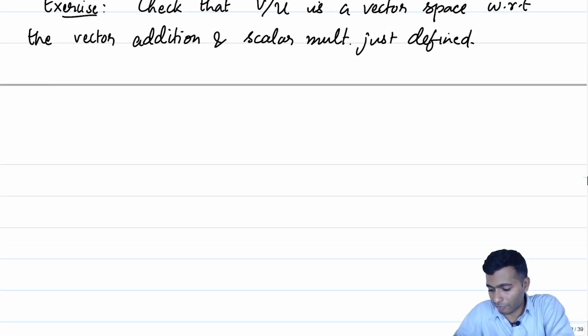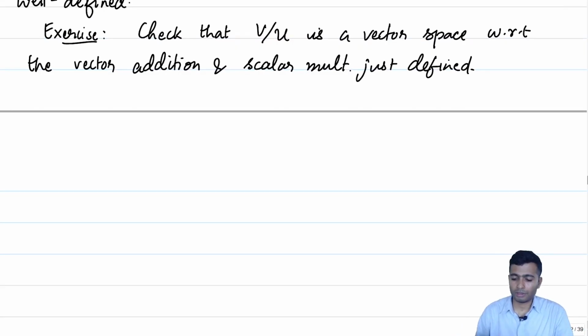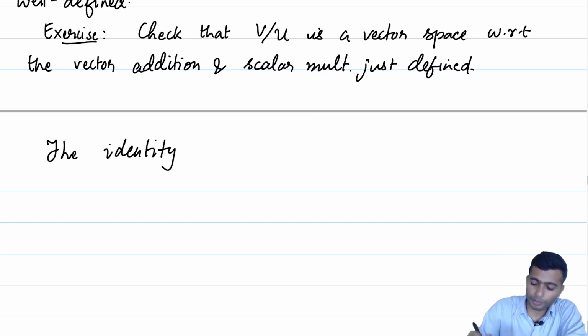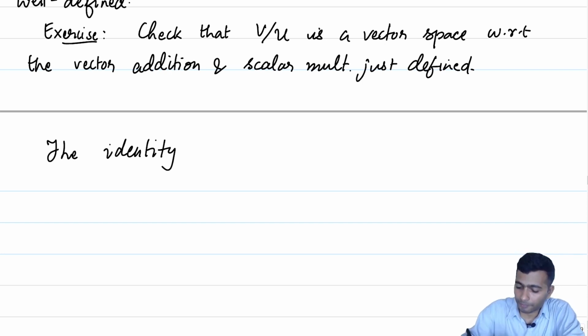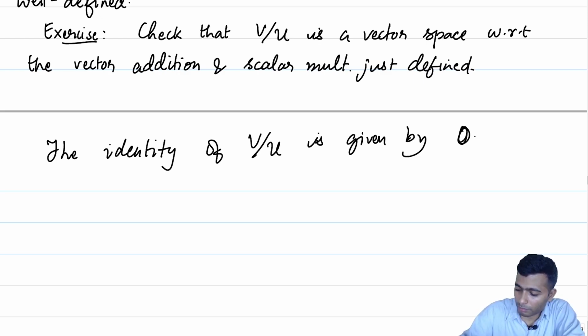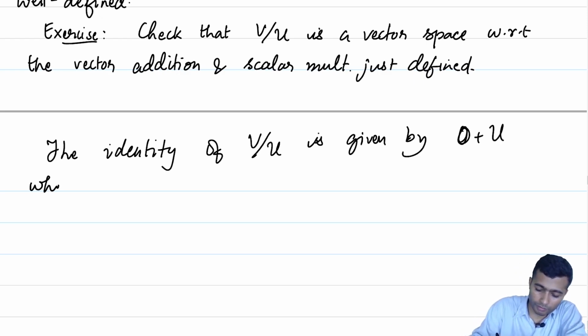Again, like in the case of product spaces, I would like to draw your attention to what would be the identity here and what would be the inverse. So, the identity, as is to be expected, will correspond to the 0 vector. The identity of V mod U is given by 0 plus U, where 0 is the identity of V.